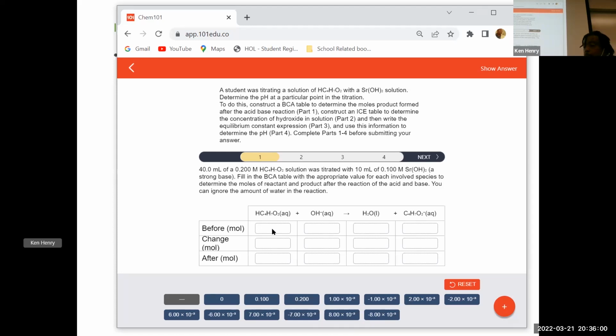So I need to, looks familiar. Did we do this one too? And you guys have to do the calculations.